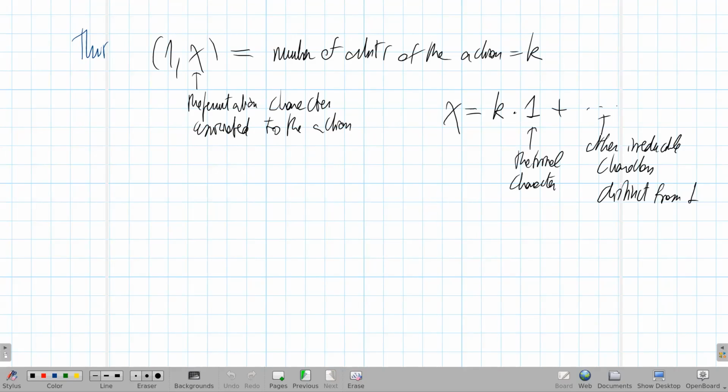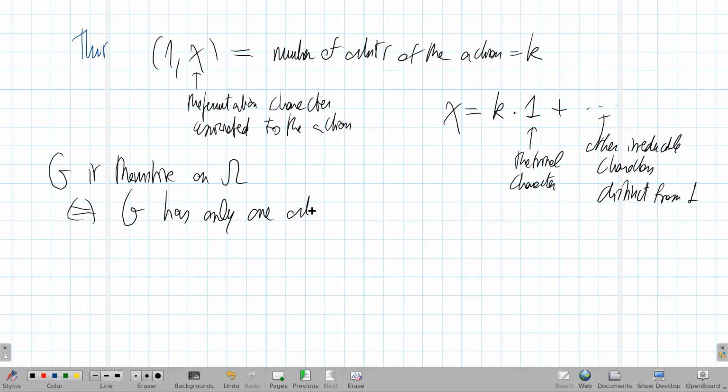There's an important particular case. G is transitive on omega, that is, G has 1 orbit, if and only if k is equal to 1, so the inner product of 1 with chi is 1.